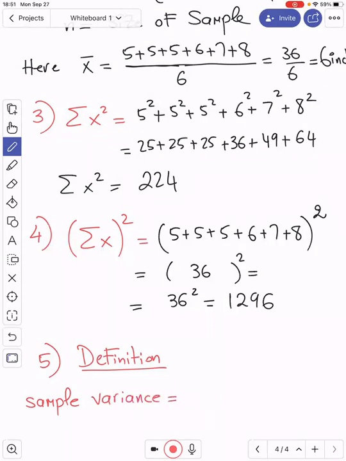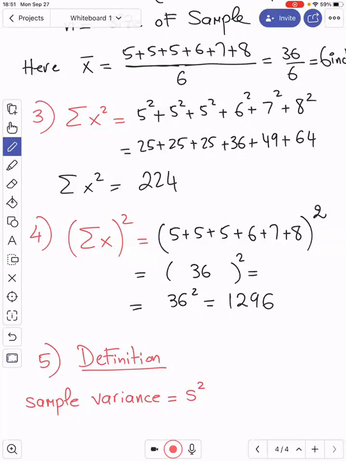In the textbook or the literature, the sample variance is denoted by S squared. Why the square? Because for the standard deviation, we're going to take the square root of this. The standard deviation is S, and the sample variance is just the square.